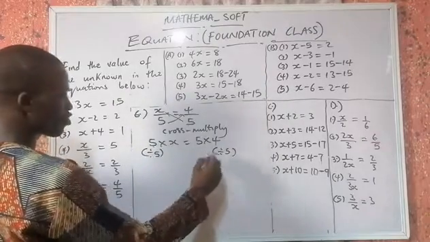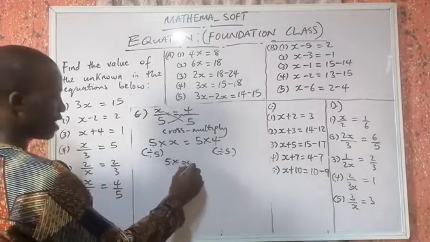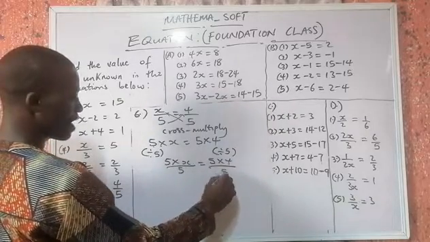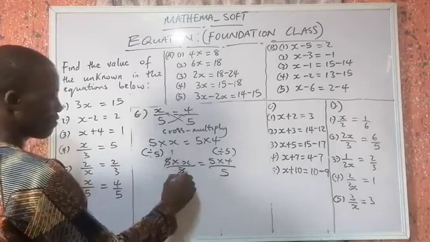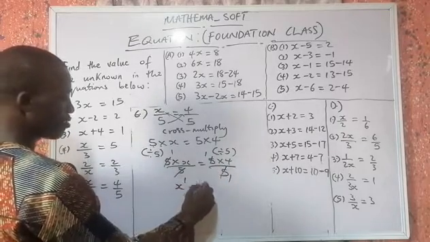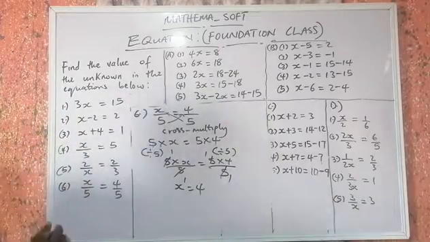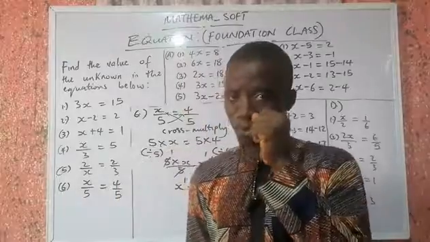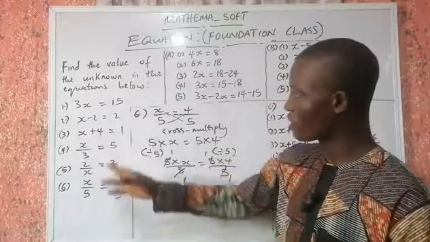That's 5 times x over 5 equals 5 times 4 over 5. 5 cancel 5 here, 5 cancel 5 here. So my x equals to what? 4.